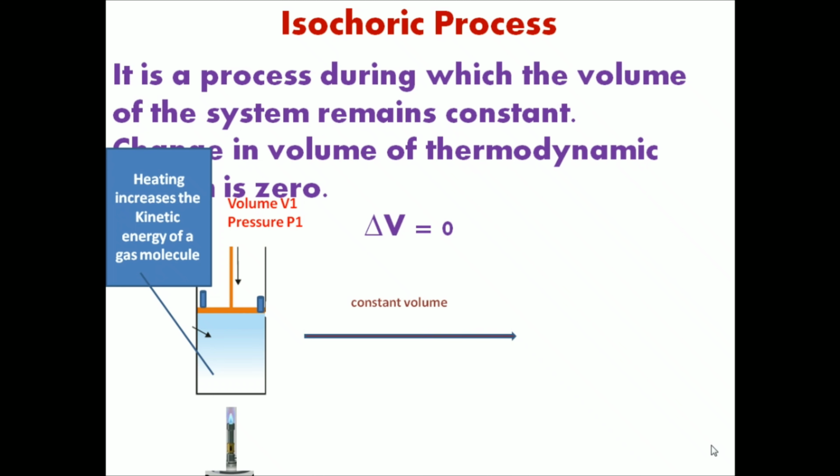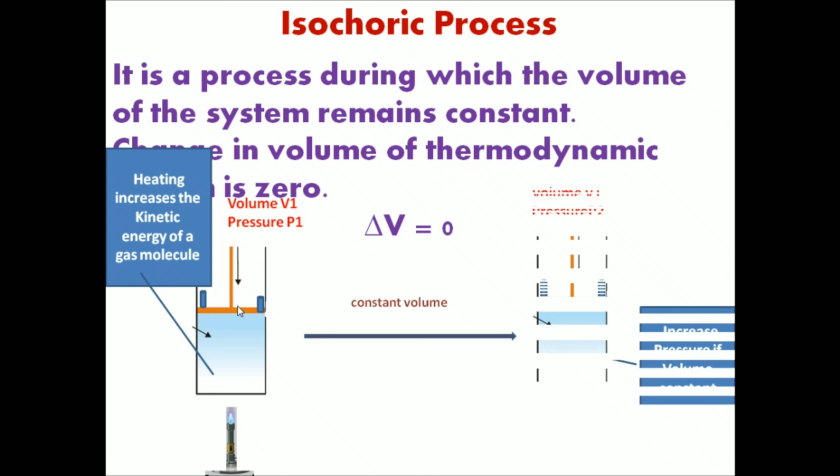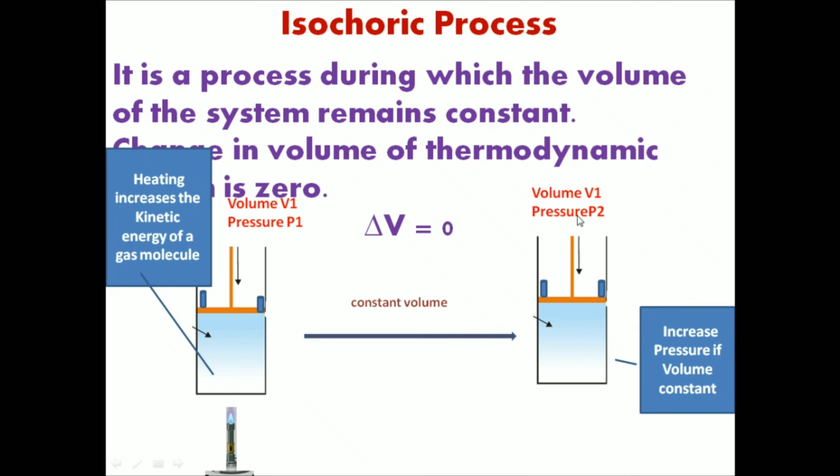But we don't want to allow the gas to expand, so we tightly screw the piston. In this case, to keep the volume constant, the pressure of the gas increases. Now the system is at pressure P2, which is higher than P1. Means if dV is equal to 0, then dP is not equal to 0.